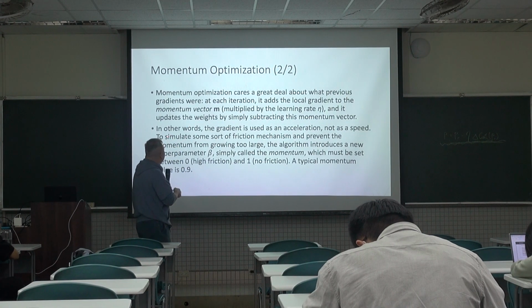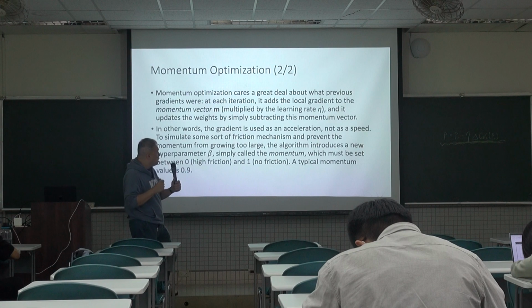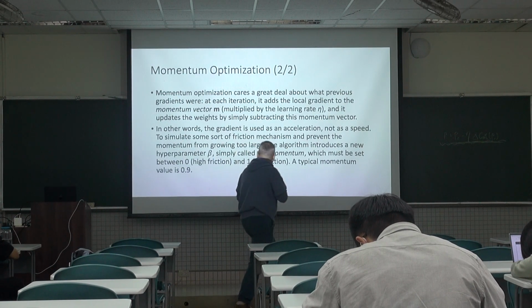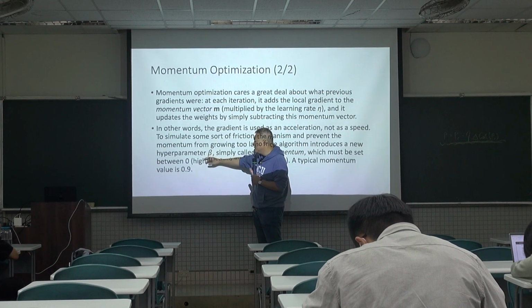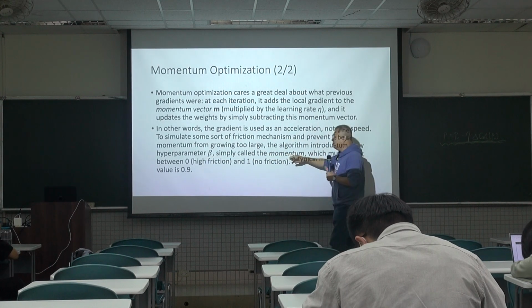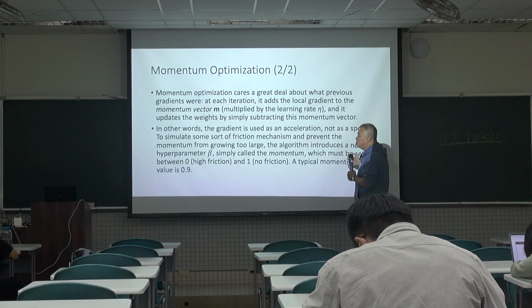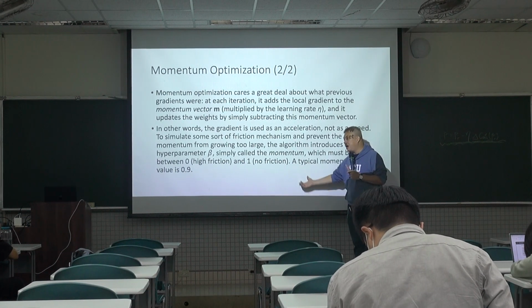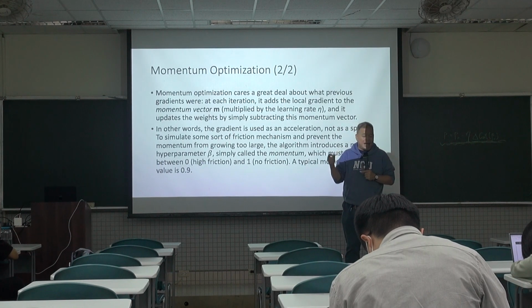Of course, we also need to incorporate friction. We give a hyperparameter beta for that friction, and we call it the momentum hyperparameter, which is normally set between 0 and 1. When this hyperparameter is set to 0, it means the friction is very large.